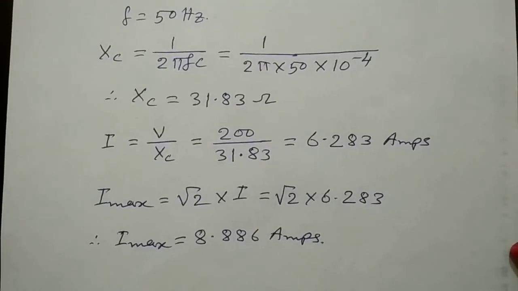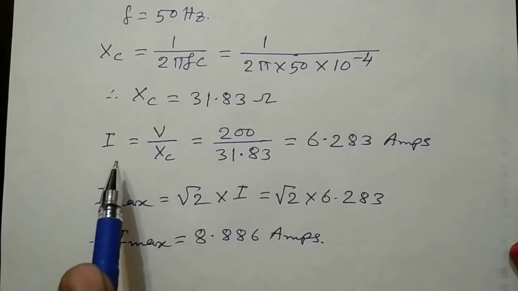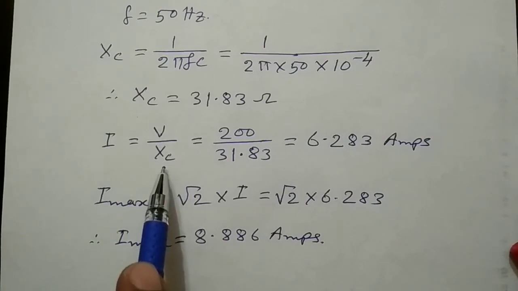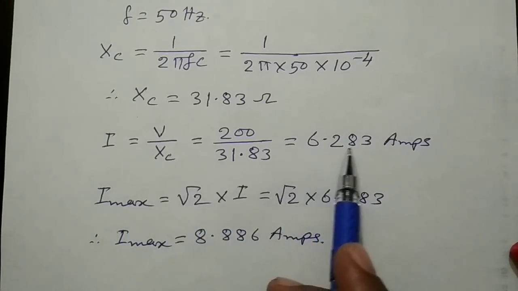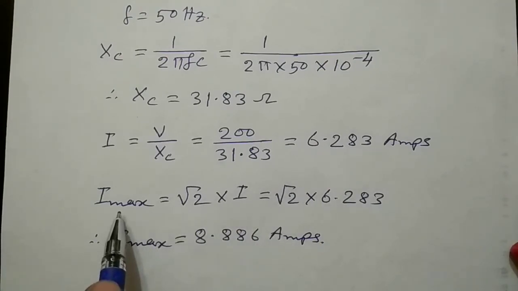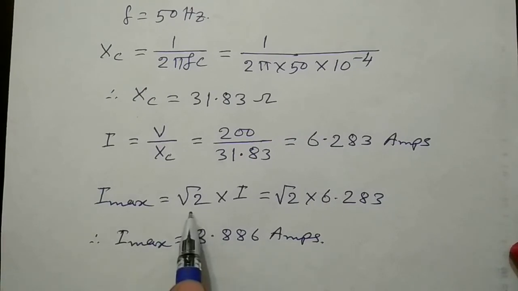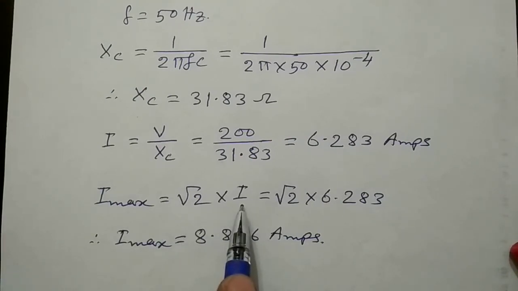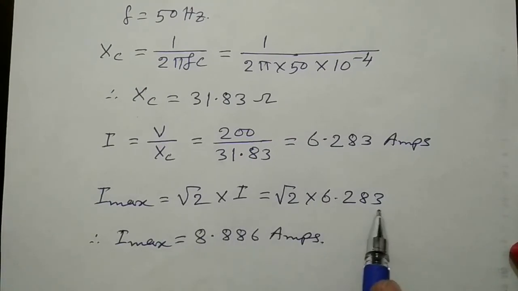As we have seen, the current in the capacitive circuit is V upon Xc. So it will be 6.283 amps. We know that for a sinusoidal current, the maximum current will be root 2 times the RMS value. So if we multiply the RMS value by root 2, we'll get the value of the maximum current.